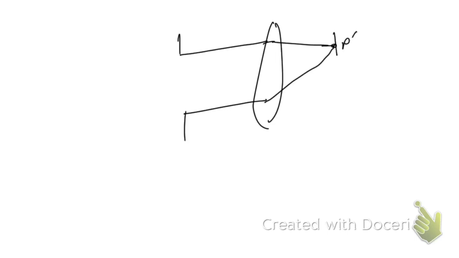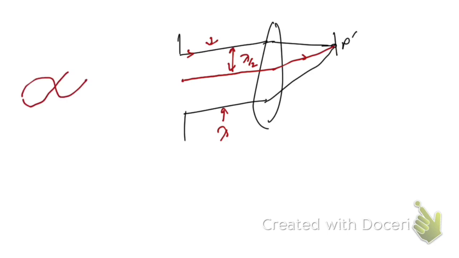Now, as I have already explained, if the path difference between this one and this one becomes lambda, in that case the path difference between this one and the one originating from this one becomes lambda by 2. Then these two waves will be out of phase.